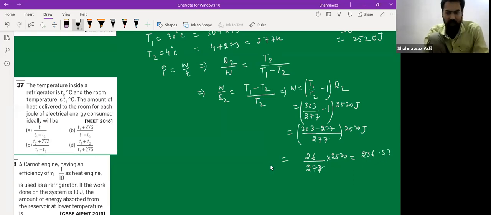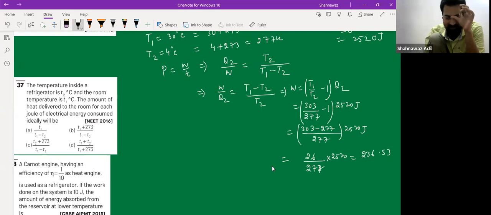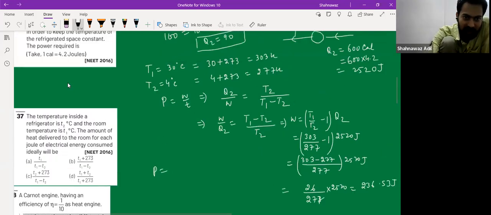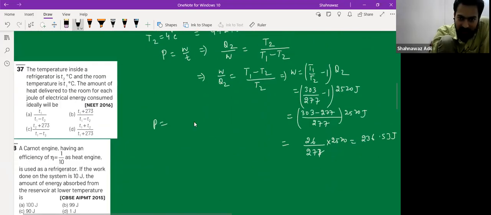Are you guys allowed to use a calculator in your exam? No, sir. Oh, so that is a problem. So you guys divide and then calculate, right? So this is 236 joules. The power is the work done in each second, so time is 1 second. So W by 1 would be 236.53 joules per second, right?